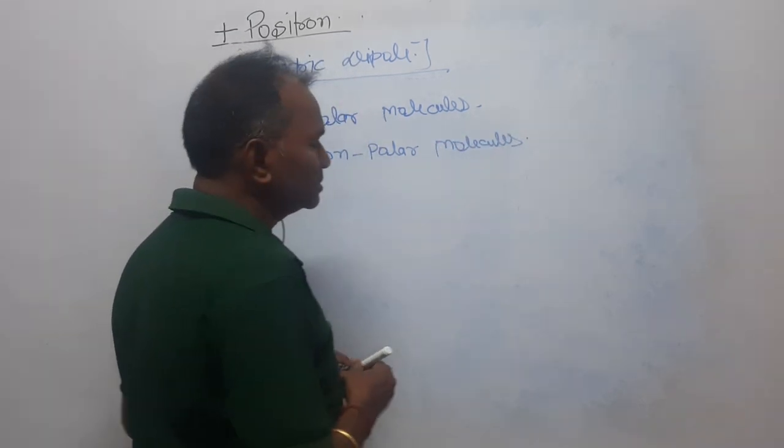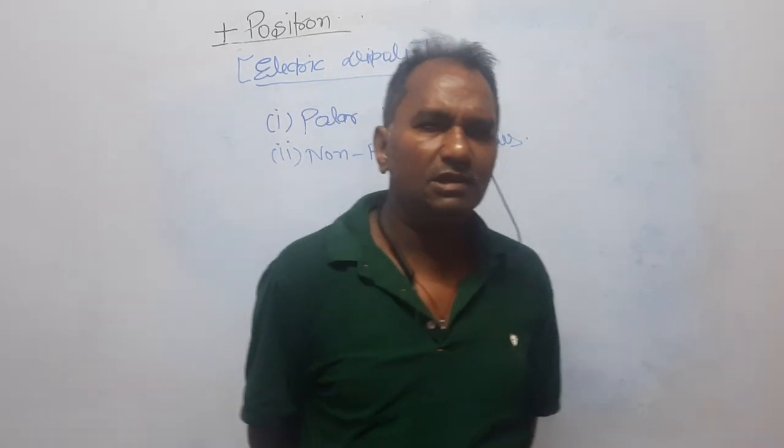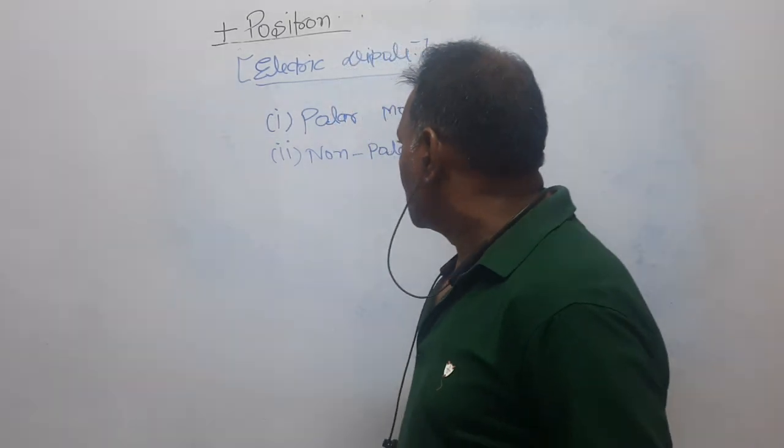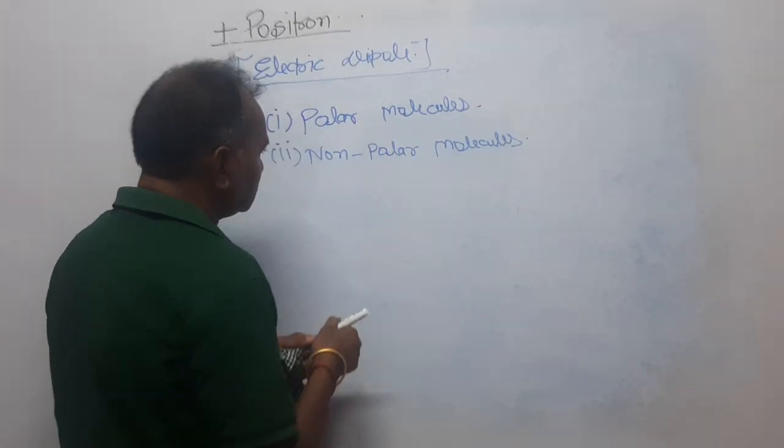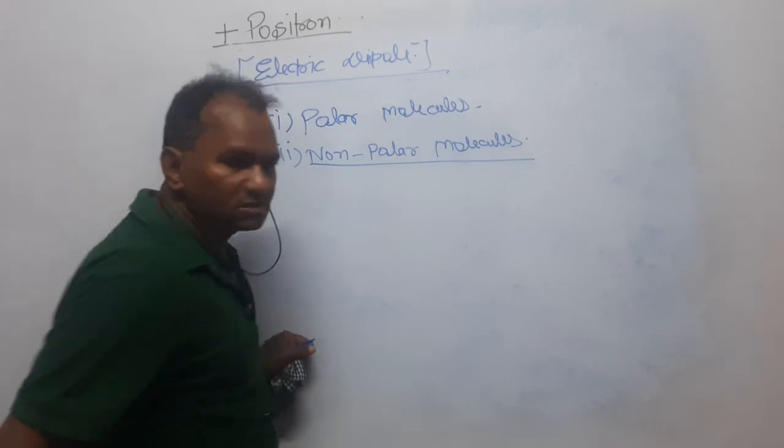Now, dear students, what I said is that molecules are divided into two types: one is a polar molecule and the other is a non-polar molecule. We will discuss the first later. What are non-polar molecules?